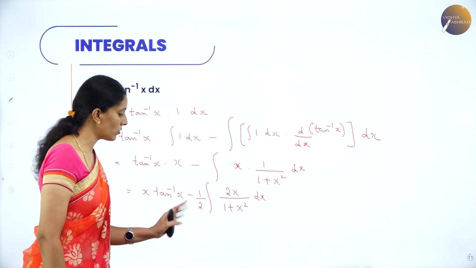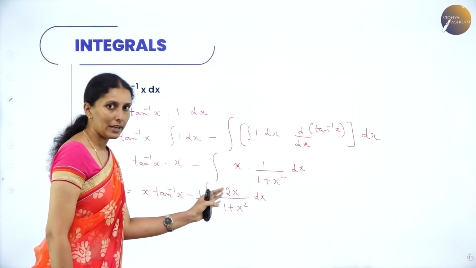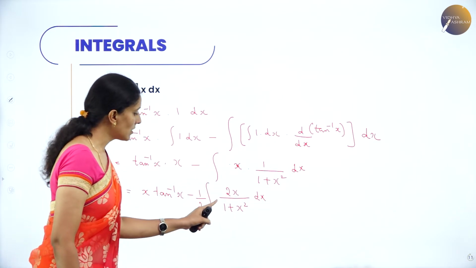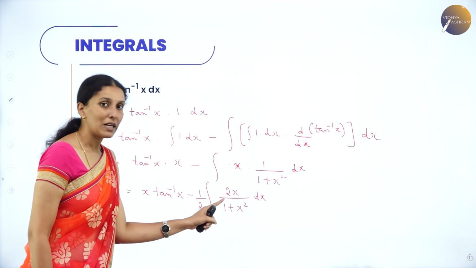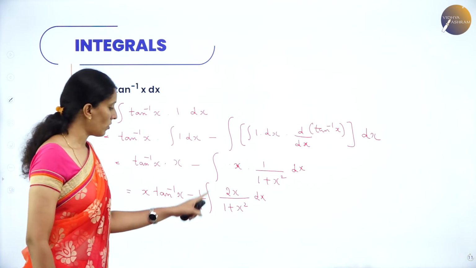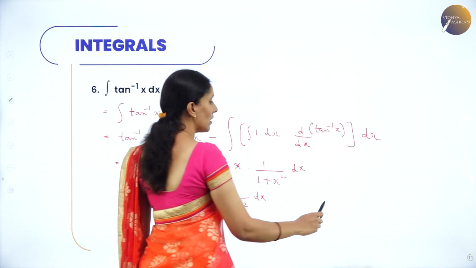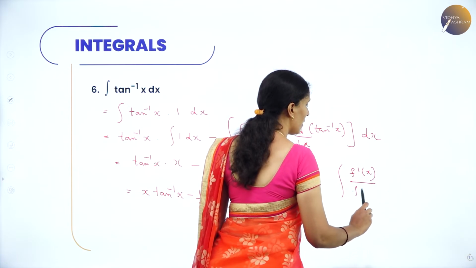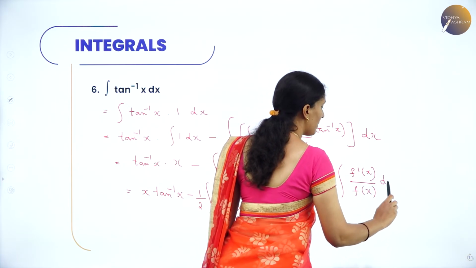So it becomes 1 by 2, and when you multiply inside it will get cancelled and you will get back the same result. Here you can observe 1 plus x square can be considered as f of x and this will become its derivative. So now this function is in the form of the integral of f dash of x divided by f of x with respect to dx.